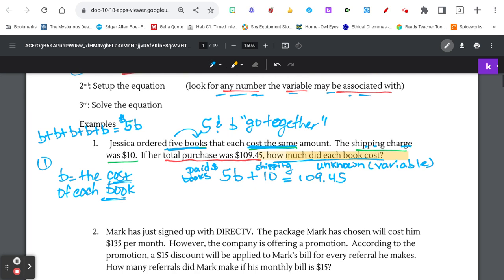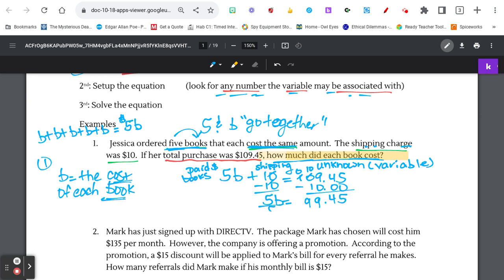All right, this is what you should have gotten. You're going to subtract 10 from both sides. Line my decimals up. So here, that's 5, 4, 9. Regroup. 99.45. And then we all know that the opposite of multiplying by 5 is dividing by 5.